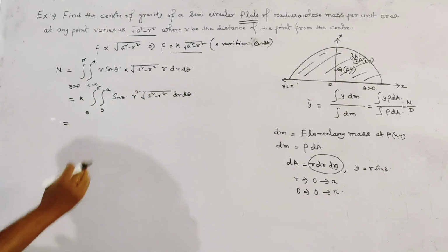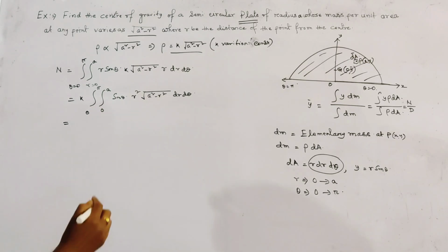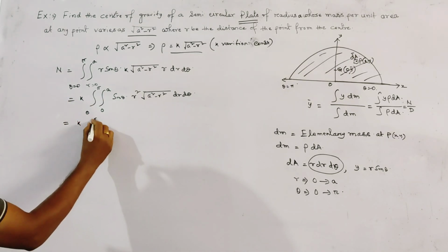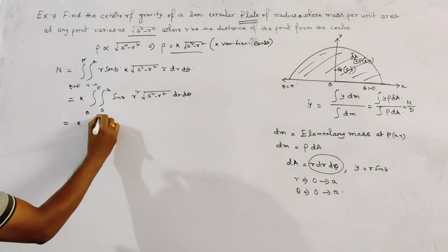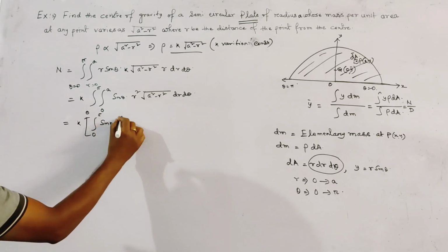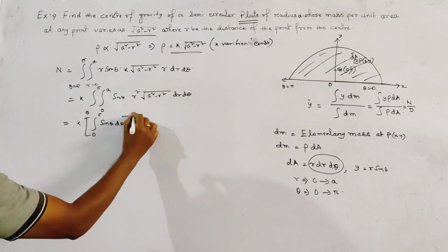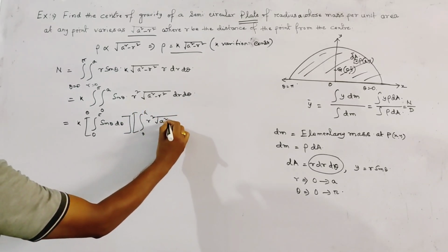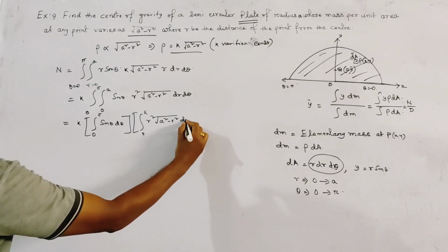We can integrate this separately because theta and r are independent. So this is integral 0 to pi of sin theta d theta, and integral 0 to a of r square into root over a square minus r square dr.